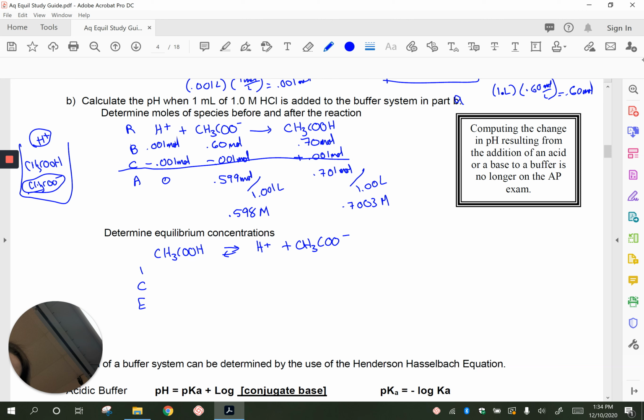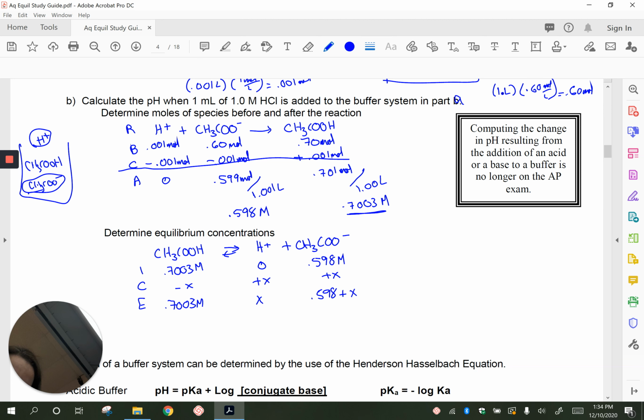What I'm left with for the acetic acid is 0.7003 molar. This is 0, and this is 0.598 molar. Some of this gets used up, some of this forms: 0.7003 molar minus X, X, and 0.598 plus X.